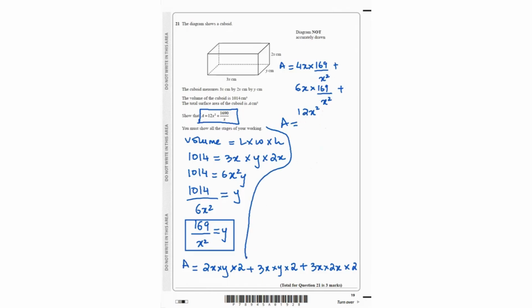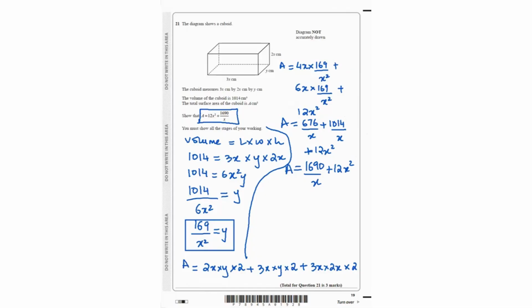That's going to be, so 4 times 169 is 676 over x. 6 times 169 is 1014 over x and then plus 12x squared. So you can combine the fractions. 1014 plus 676 is 1690 over x and then plus 12x squared as it is. This is exactly the same as the equation given in the question.